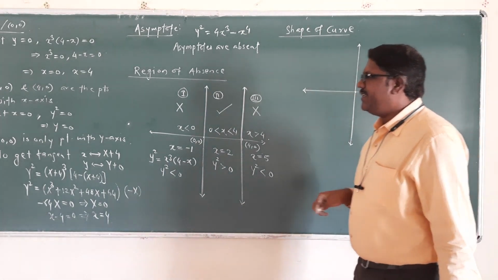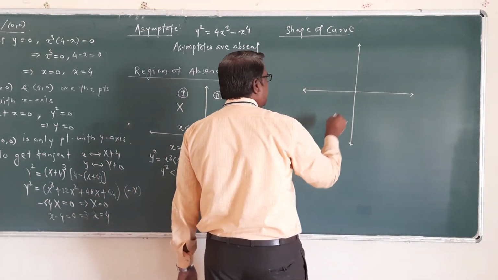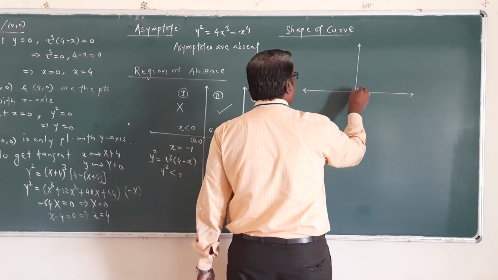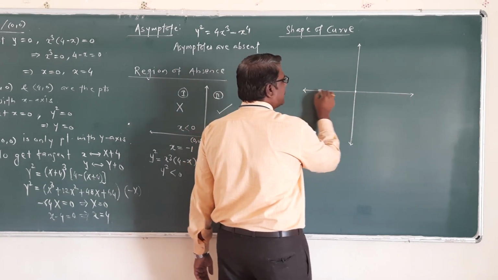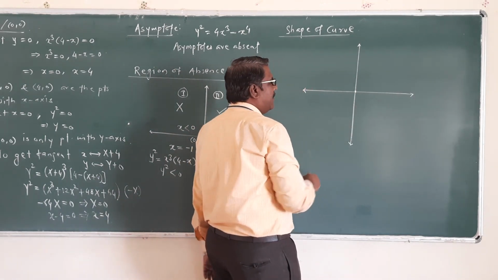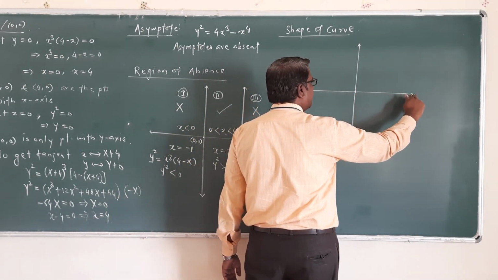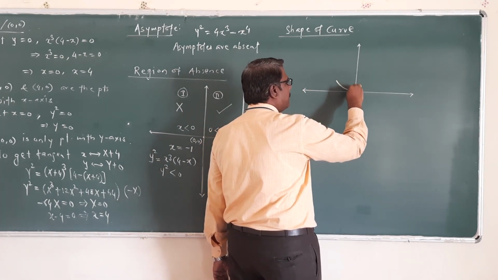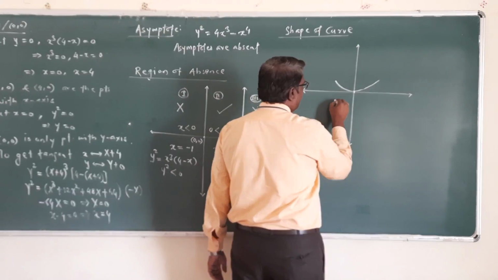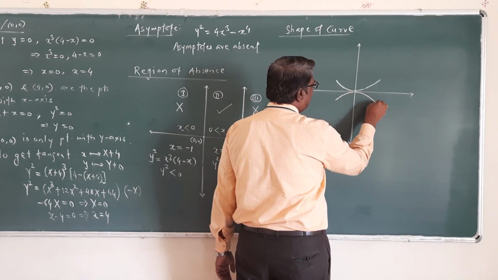At the origin, what is the tangent? At the origin, the tangent is y equal to 0. So this line is tangent. If this line is tangent at the origin, the curve will have its shape either on this side or on this side.